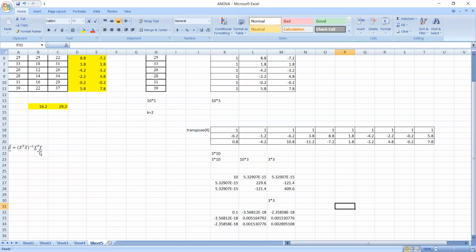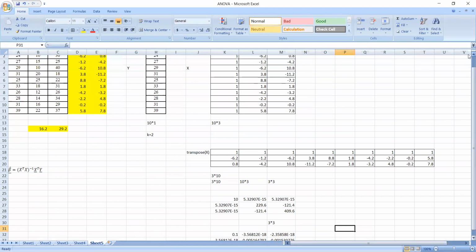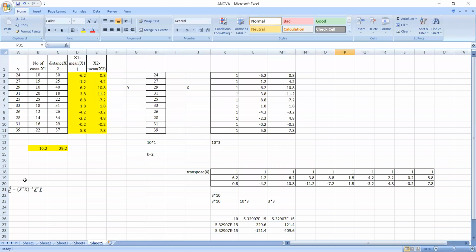And if you look at the formula, here we have X transpose Y as well. Now we have X transpose and we have matrix Y, and we have to obtain the X transpose Y matrix. X transpose is a 3 into 10 matrix, and Y is a 10 into 1 matrix. When you multiply 3 into 10 and 10 into 1, you obtain a 3 into 1 matrix, right?